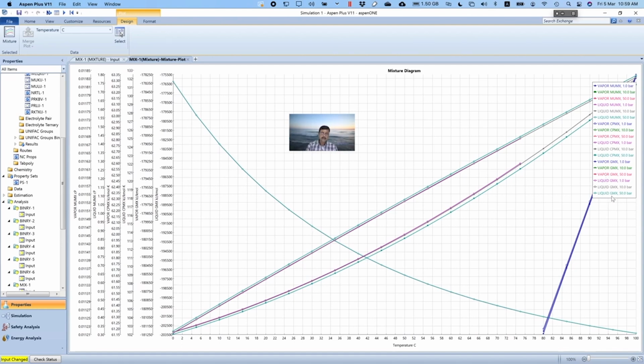So this curve is liquid GMX for 50 bar, and its y-axis values are given, showing how it changes with temperature increase. So these are graphical representations of all the properties from this temperature point to that temperature point at various pressures. So that is how you can get the mixer properties.